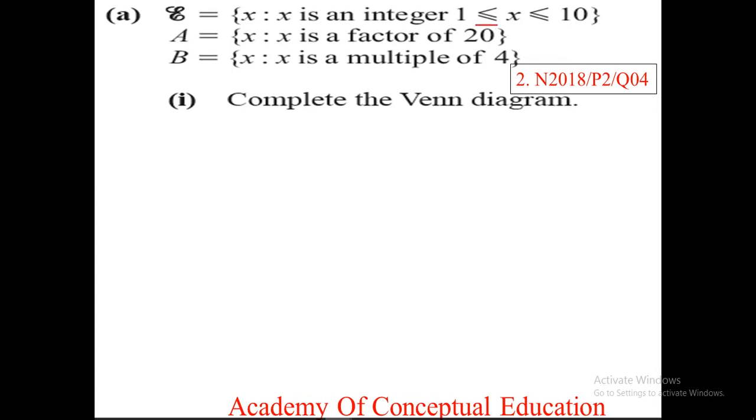This sign shows that 1 is included in this set and 10 is also included. So your set U will be 1, 2, 3, 4, 5, 6, 7, 8, 9 and 10.